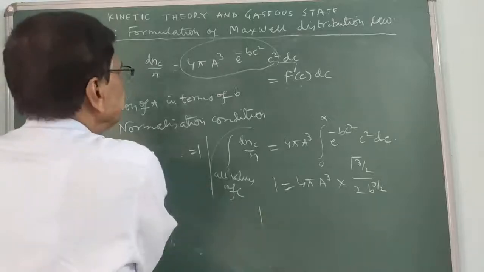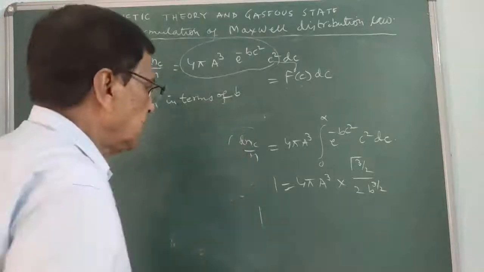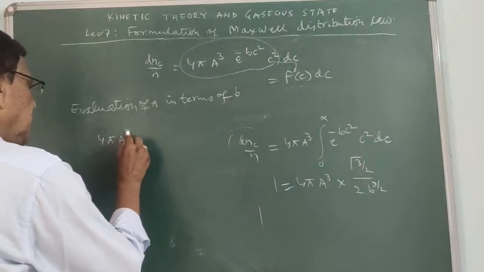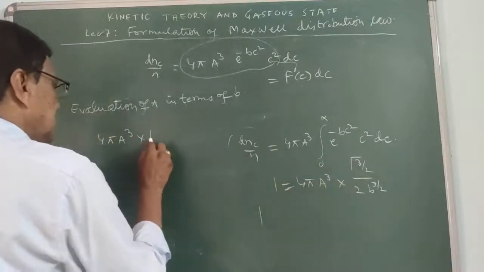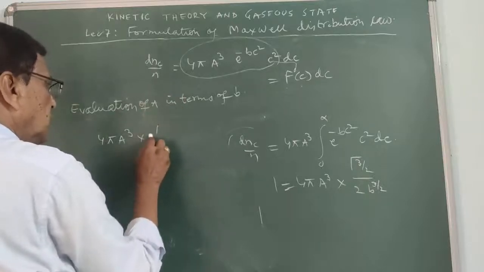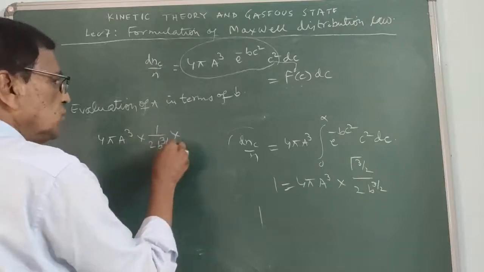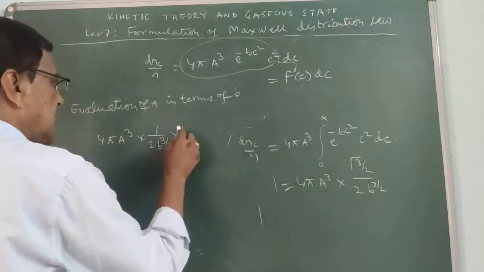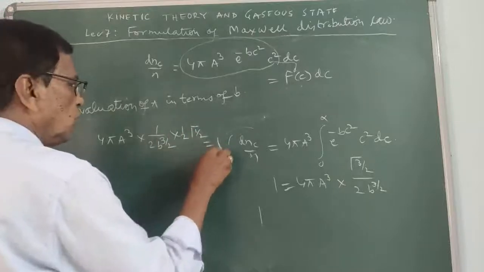So we are having 1 equals 4 pi a cube into 1 by 2 b to the power 3 by 2 into gamma 3 by 2. Gamma 3 by 2 means half into gamma half. So this is equal to 1.